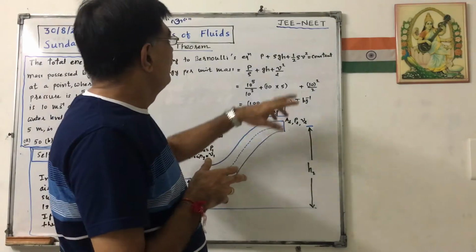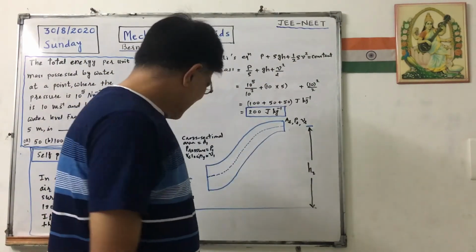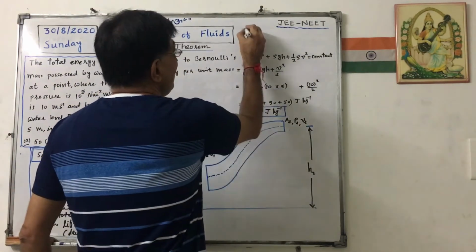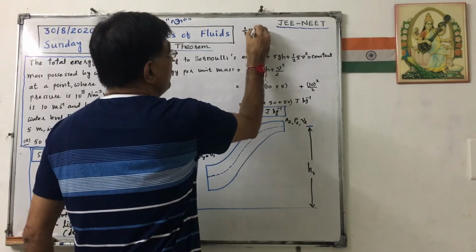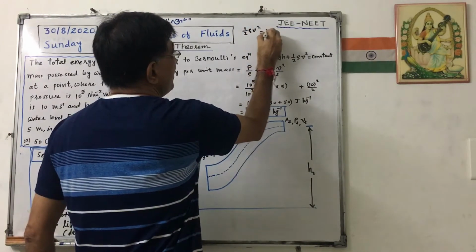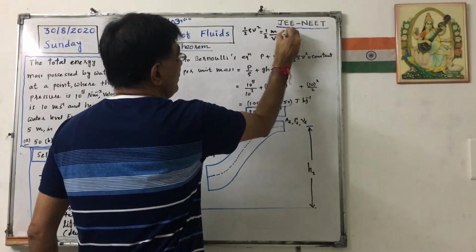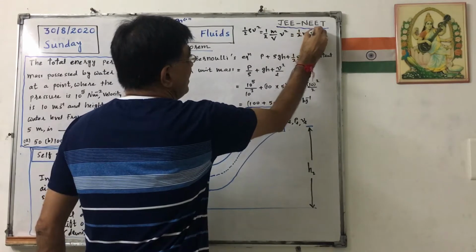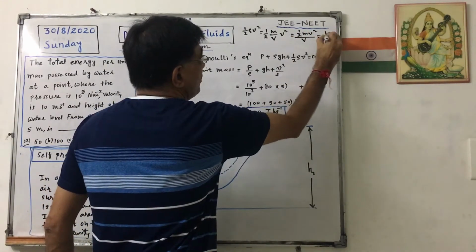And v is the velocity. See here, 1 by 2 rho v square. Rho is the density, so if I simplify, 1 by 2 rho v square can be written as 1 by 2, density means mass upon volume, into v square. So this 1 by 2 m v square by capital V gives us kinetic energy upon volume.